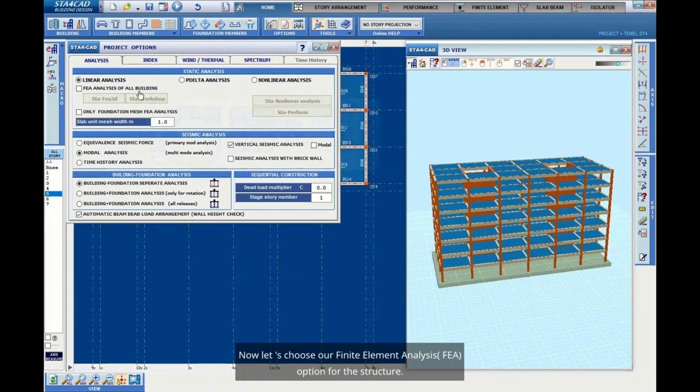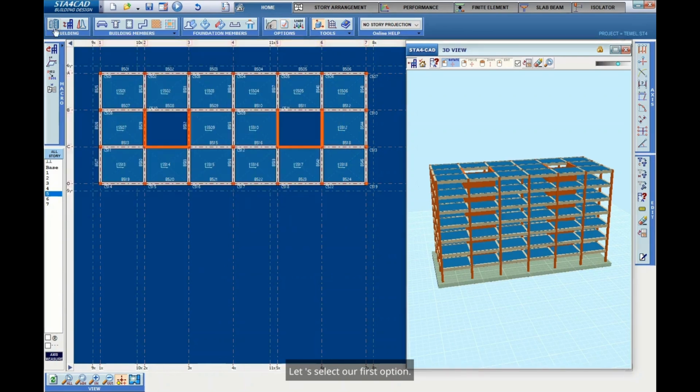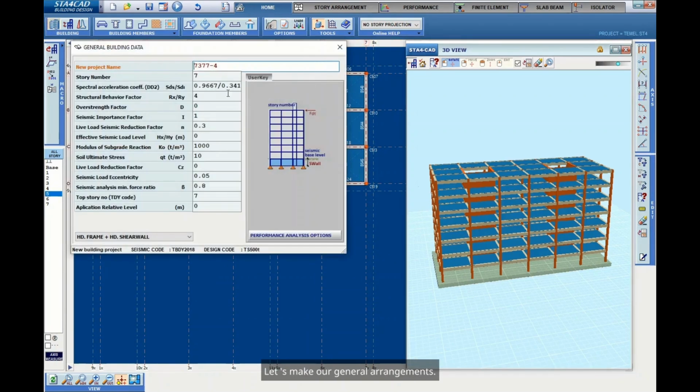Now let's choose our finite element analysis, FEA, option for the structure. Let's select our first option. Let's make our general arrangements.